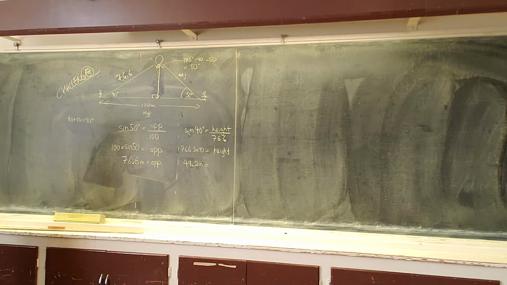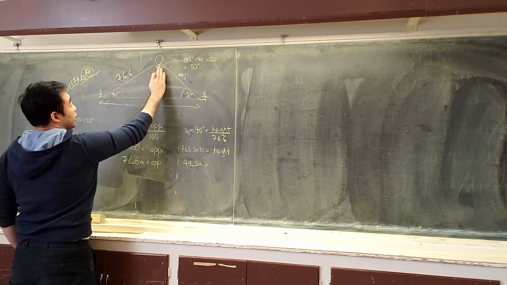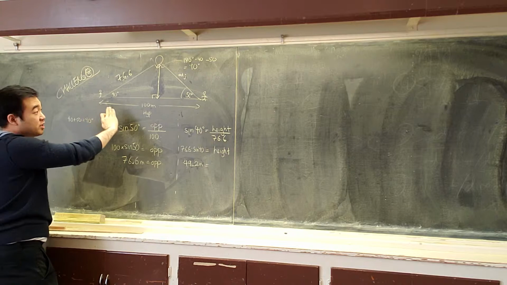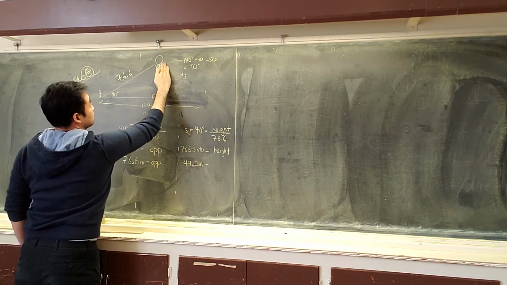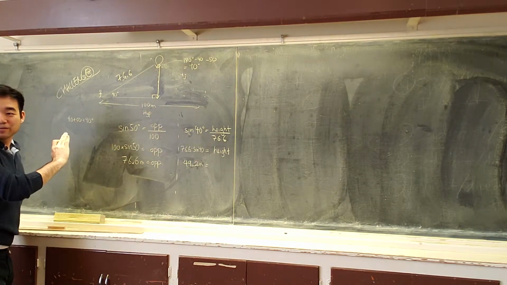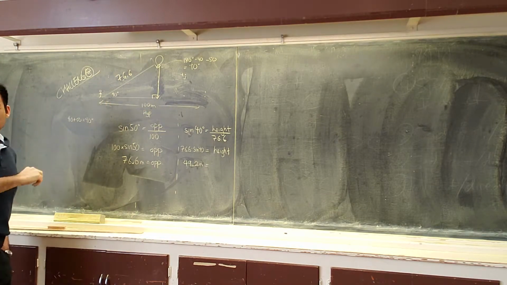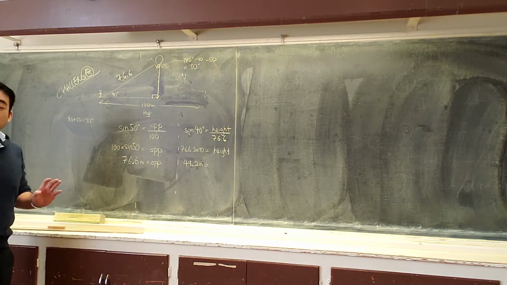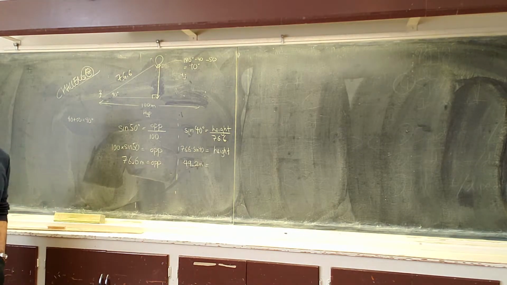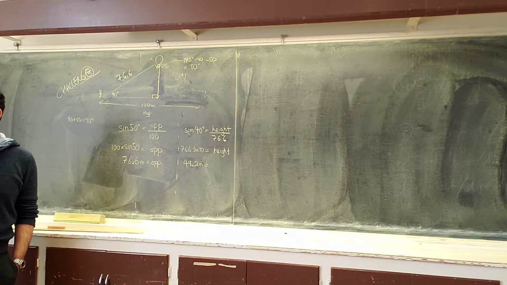Why did you do the 76.6? Oh, for sine 40? After we calculated 76.6, we're looking at that triangle now. So 40 degrees, opposite over hypotenuse. Oh, okay. So you just have to figure out which triangle you want to work with, and the rest of the math is always the same.